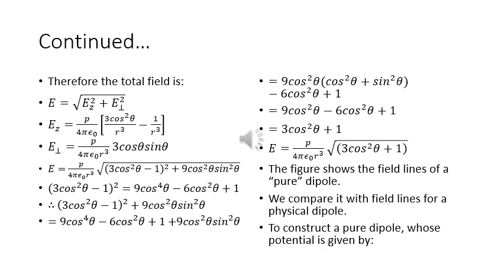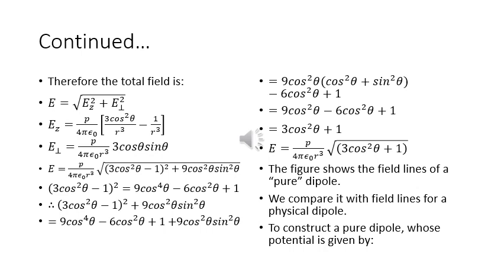Now 3 cos square theta minus 1 whole square on expansion gives 9 cos to the 4 theta minus 6 cos square theta plus 1. Substituting this in the expression for 3 cos square theta minus 1 whole square plus 9 cos square theta sin square theta, and combining it with cos 4 theta and sin square theta, we get 9 cos square theta open brackets cos square theta plus sin square theta minus 6 cos square theta plus 1.